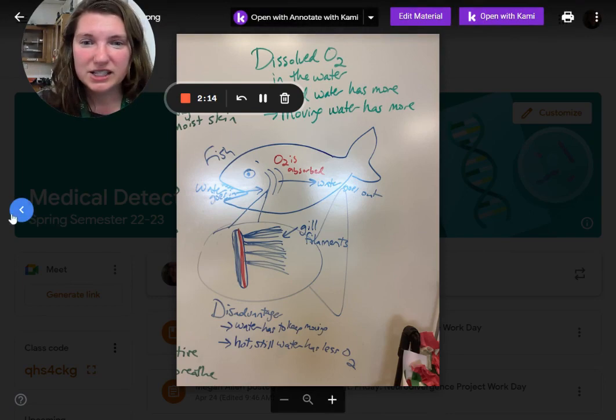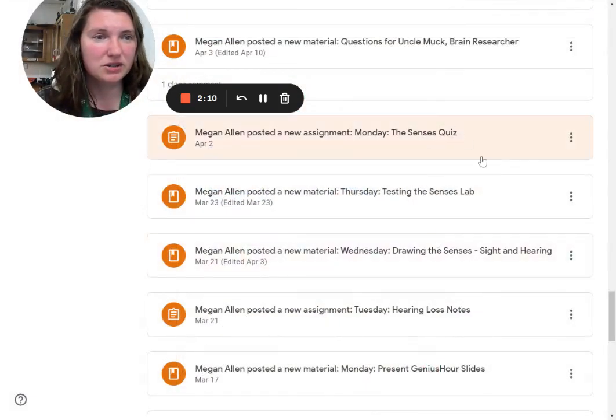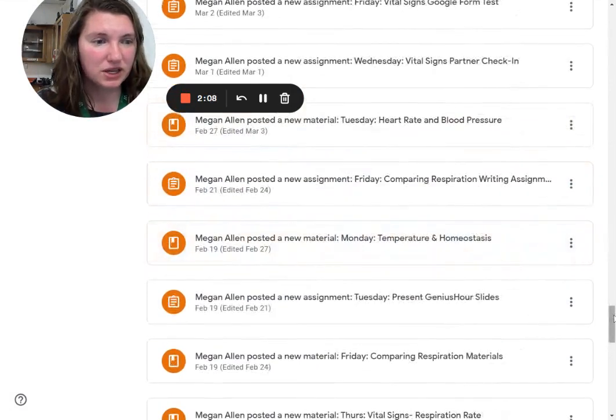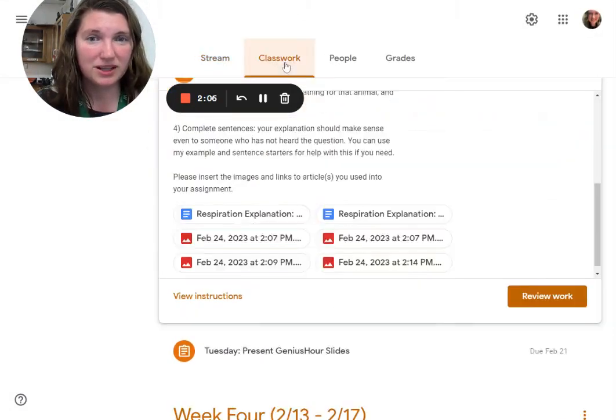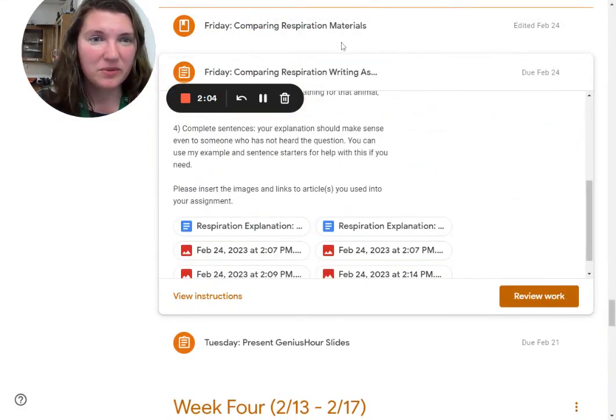I would like to show you the research that we use in this one. Oops, gotta go to classwork. Okay, here we go. So here's what you are going to be doing using those pictures that I showed you.